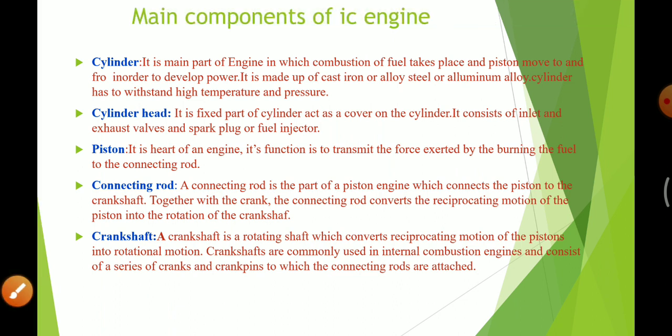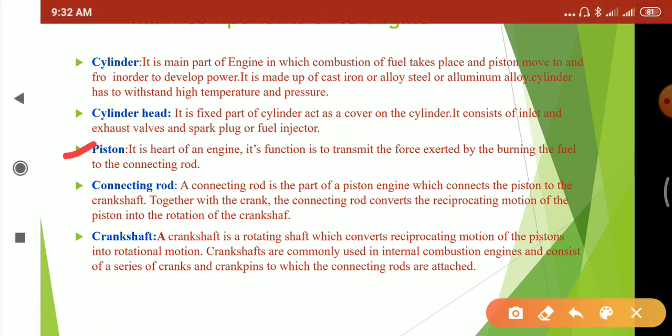So next is the piston. It is the heart of an engine, simply the heart, the main part of IC engine. Its function is to transmit the force exerted by the burning fuel to the connecting rod. That's why I can say this is the heart of an engine.